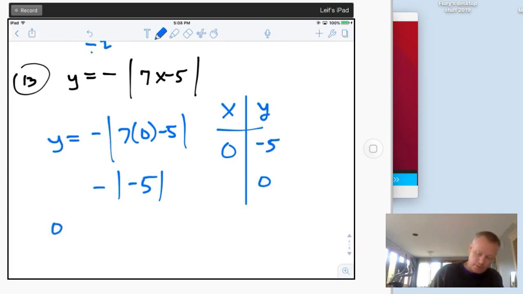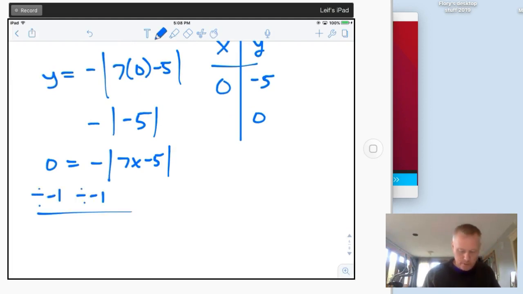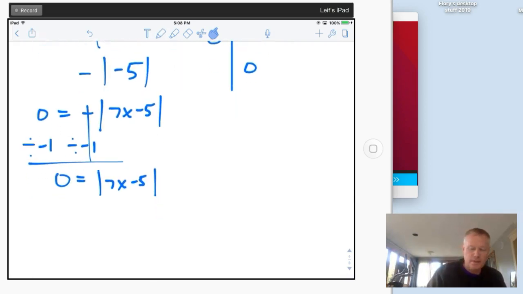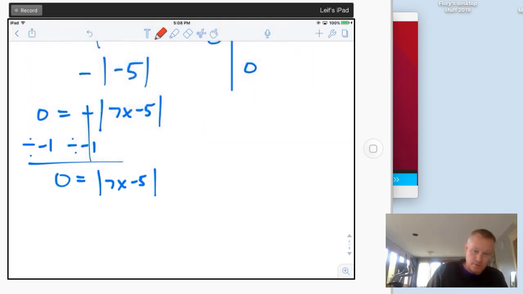And then if I plug it in here, so I can divide by negative 1 here. Get rid of that. Those cancel. Then I got the absolute value of 7x minus 5 equals 0. So usually you have a plus and a minus here because there's an absolute value, but in this case it's 0, so there's no reason to go plus 0 and minus 0.